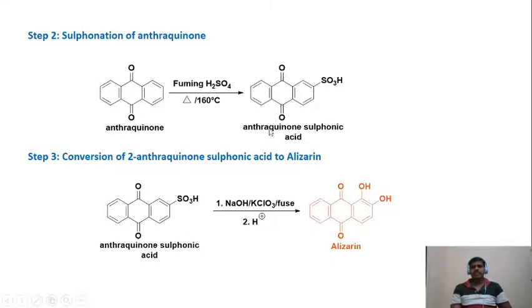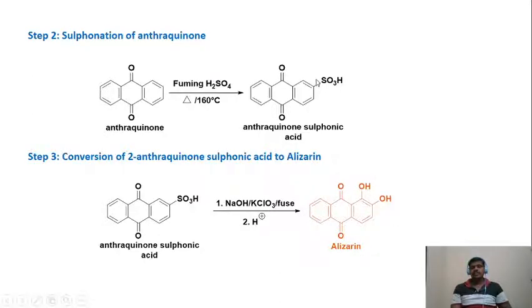The anthraquinone sulfonic acid is again converted to alizarin by using sodium hydroxide and KClO3 fused, and in presence of acid.